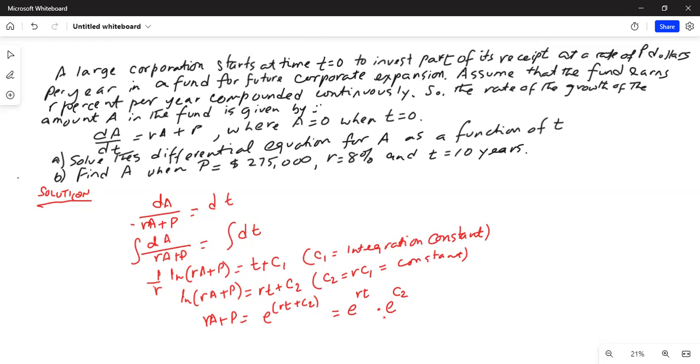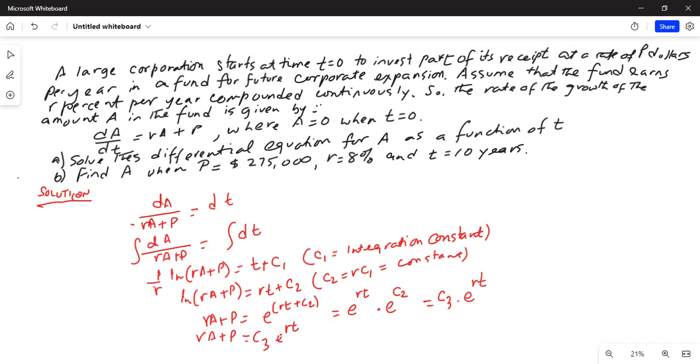Understand, e to the power of C2, C2 being a constant, is a constant. So this can be written as another constant, C3. Okay, so we have RA plus P is equal to C3 e to the power of Rt.